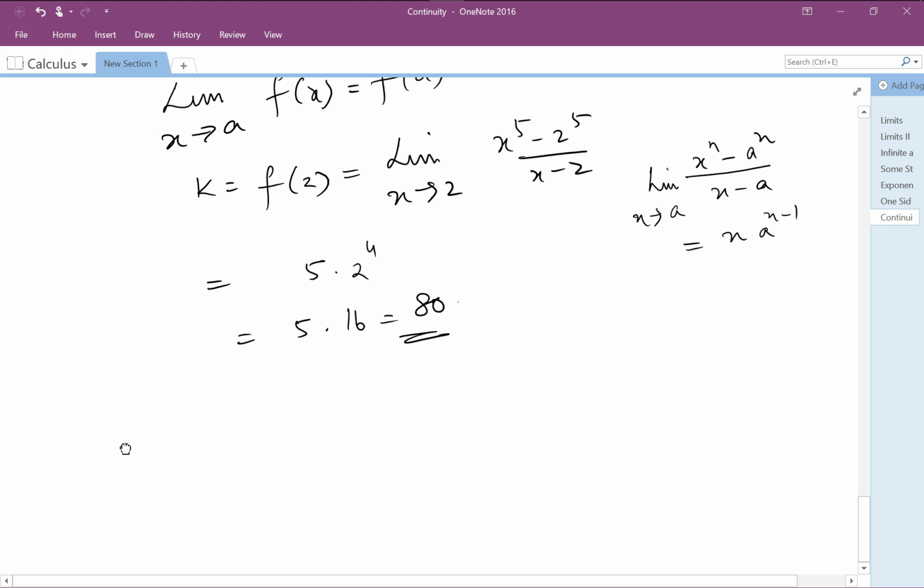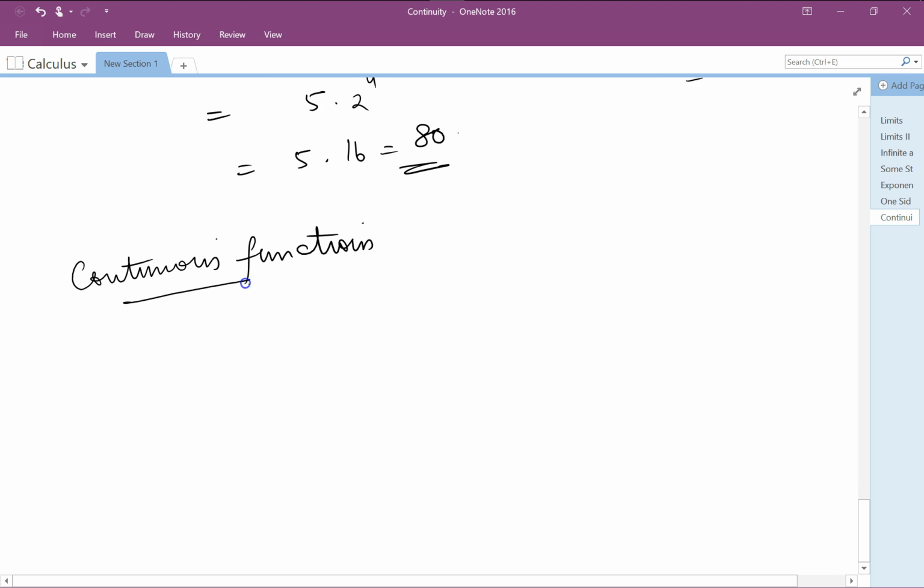Let's look at a different type of functions, continuous functions, where you don't even have to think about it.